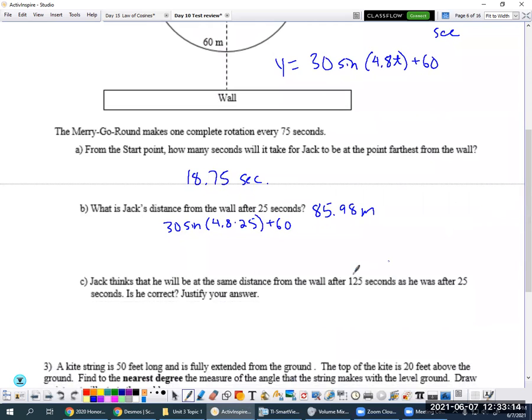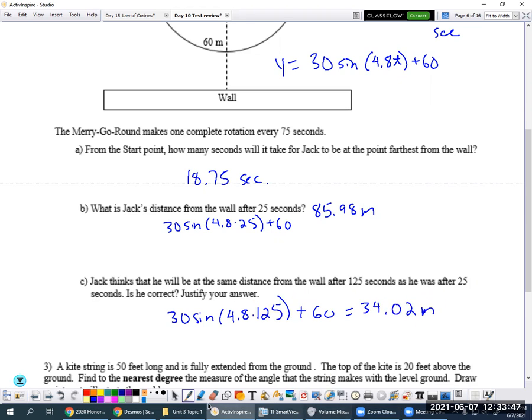So Jack thinks he will be the same distance at 125 seconds as he was at 25. Just like before, I'm going to use my equation: 30 sine of 4.8 times 125, plus 60. Using my physical calculator, I'm getting 34.02 meters.